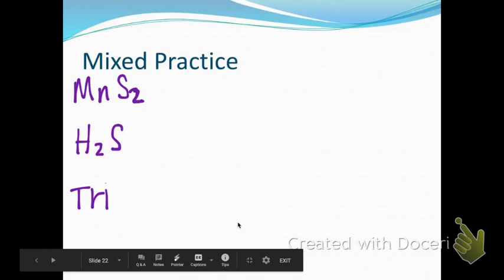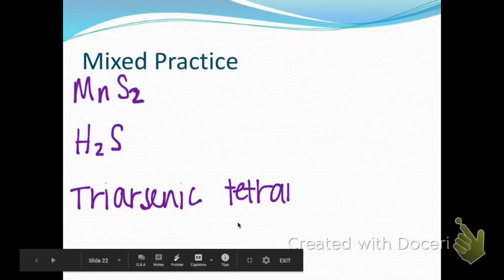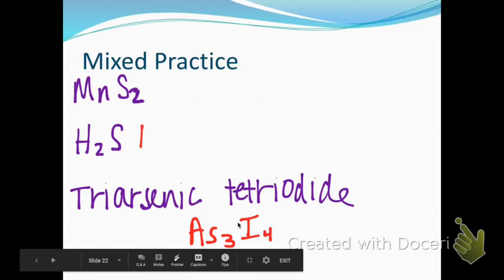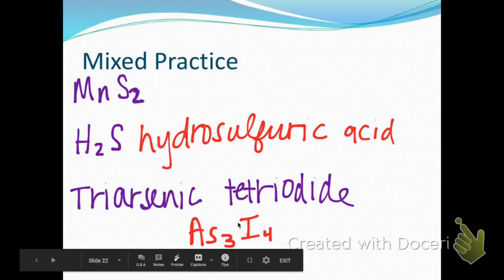Hydrosulfuric acid. It comes from sulfide, so we need to do hydrosulfuric acid.